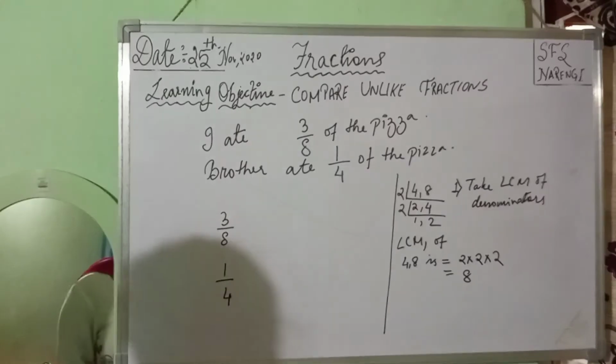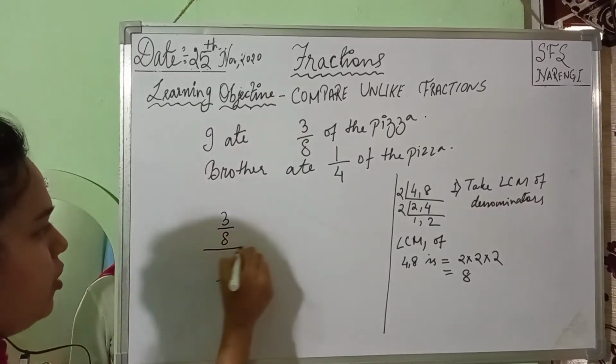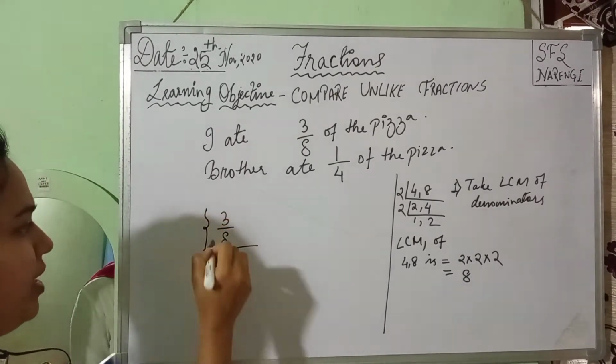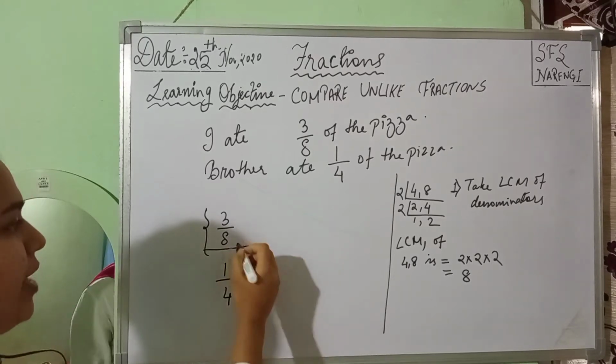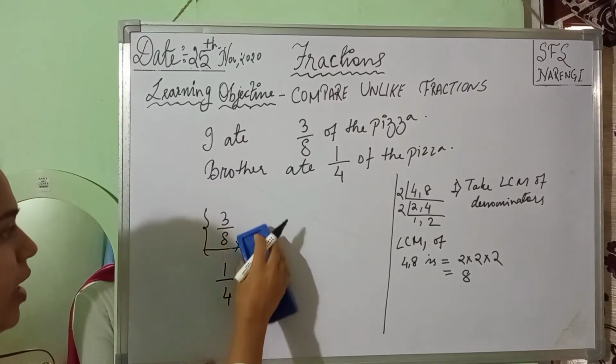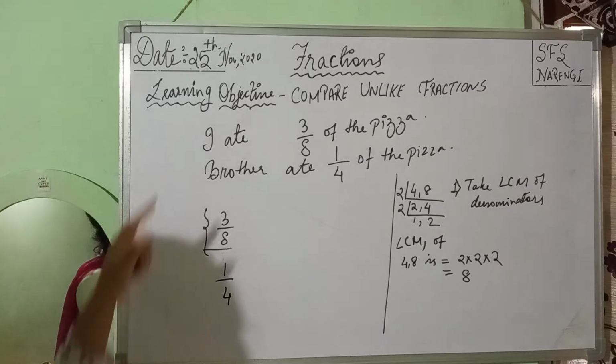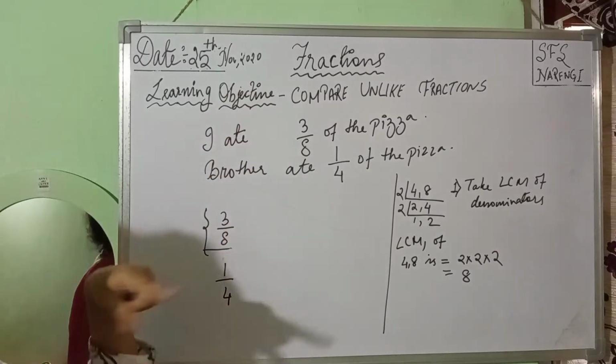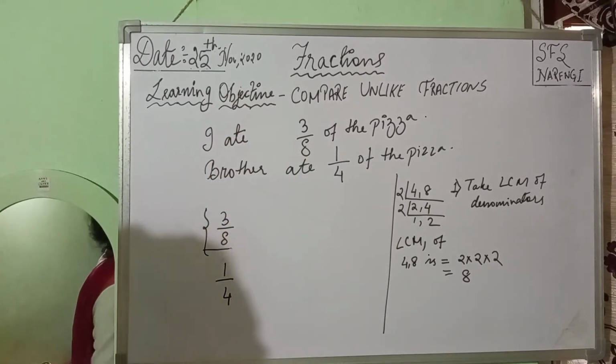Okay. So what I have to do is, children, the first fraction already has denominator 8, so I keep it as it is. I'm basically converting these two fractions into like fractions with the same denominator.